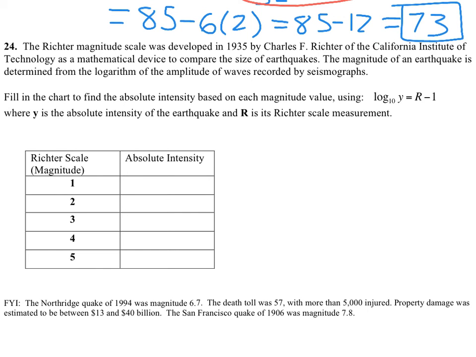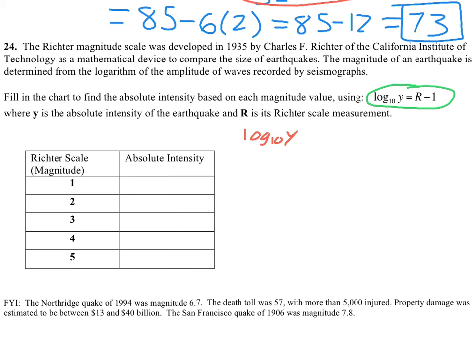Okay, for the final word problem, let's find the equation. So they want us to fill in this table. They give us a bunch of values to plug in for r, and we have to solve for y. So filling in the first box, we have log base 10 of y.